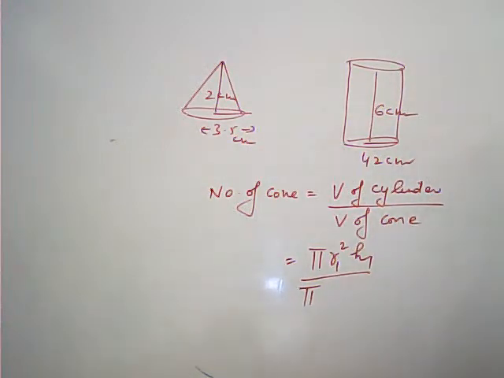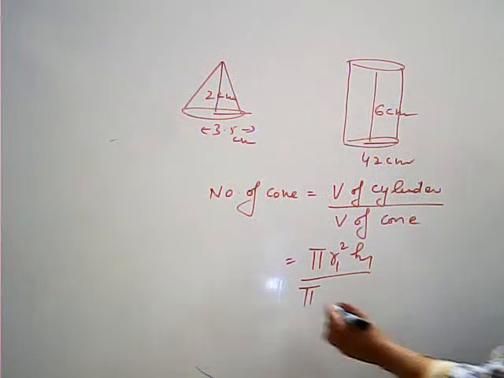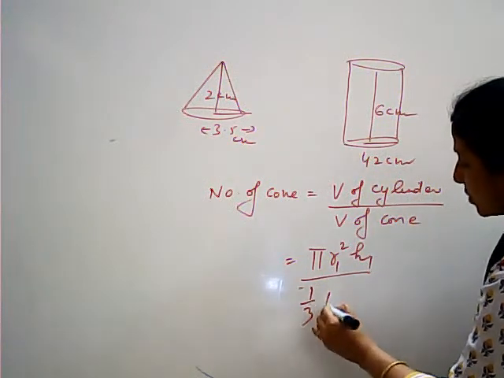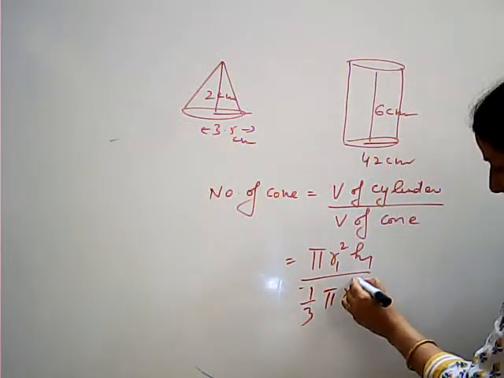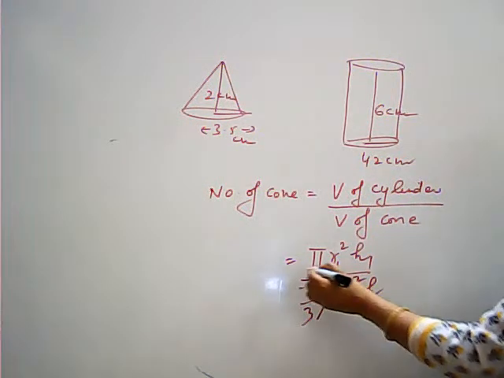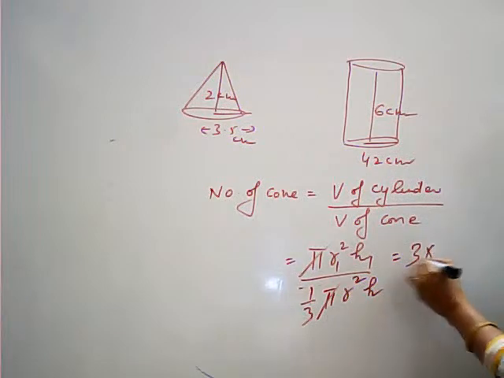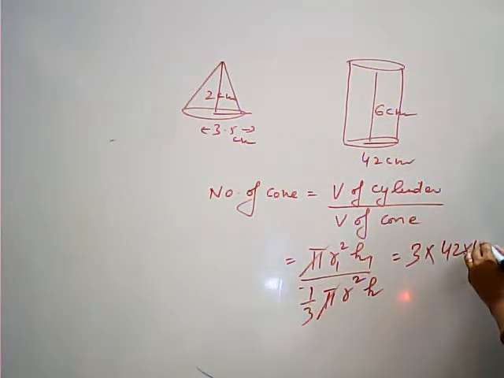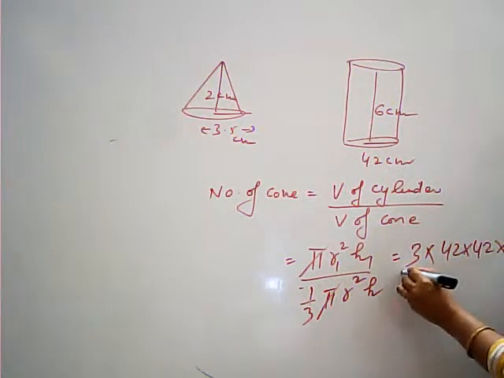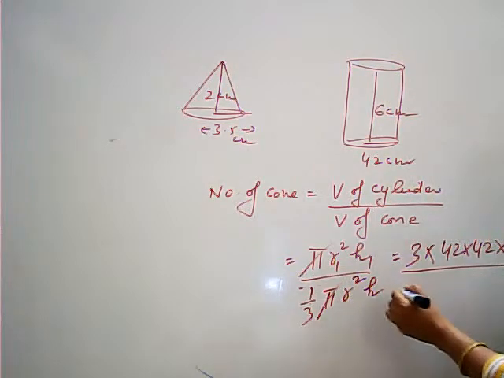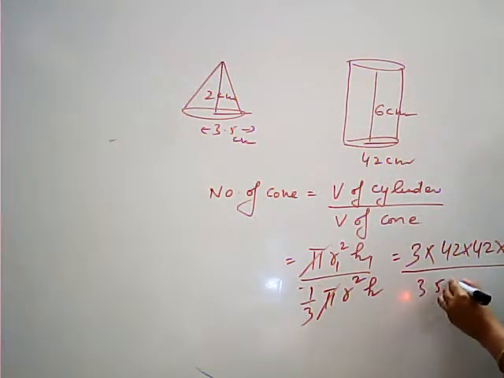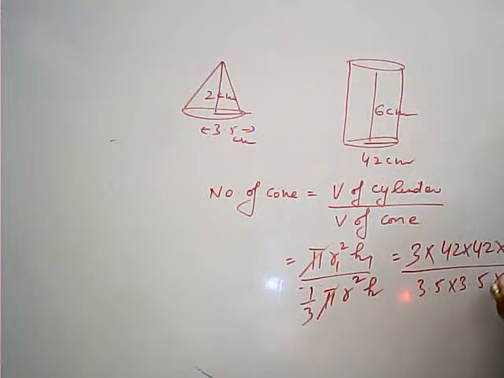Okay, so I am getting the answer from Arushi Birla, 1296 cones. So yes, correct answer. So this is 1 by 3 pi r square h. So pi and pi can be cancelled. So put the values here. 3, here r1 is 42 into 42 and h is equal to 6, and r is 3.5 multiplied by 2.